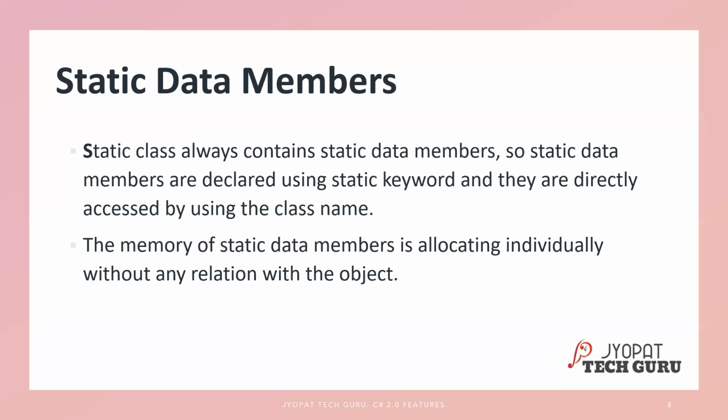Static data members are declared using the static keyword and they are directly accessed by using the class name. The memory of the static data members is allocated individually without any relation with the object.